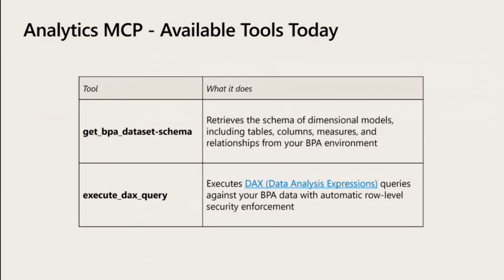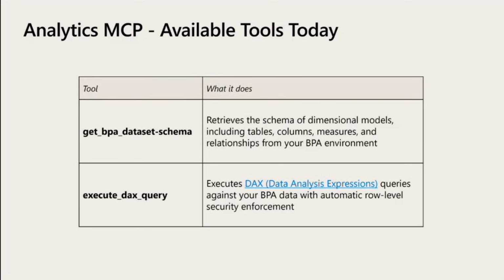Yep. So the MCP server today has two tools: get dataset schema and execute DAX query. By combining these two tools, your AI would be able to easily read and understand what BPA has to offer: all of its dimensional data models, measures, entities, everything that comes out of the box from BPA.